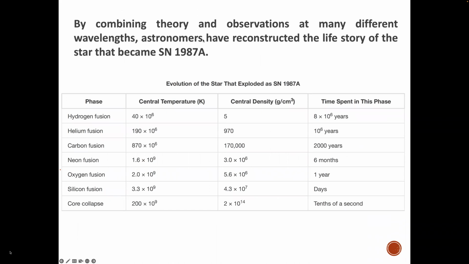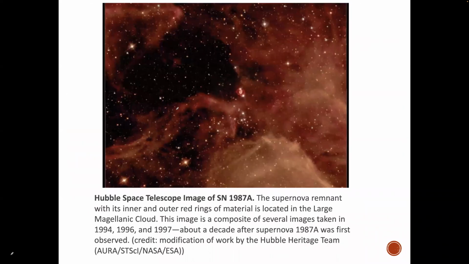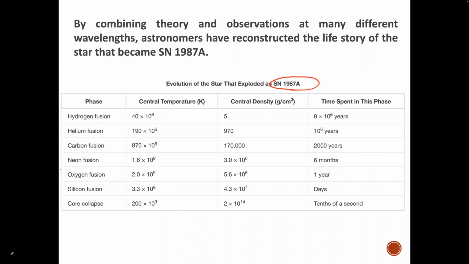We have combined several theories and observations and reconstructed the life story of this particular supernova, right? So for the star that created supernova 1987A, astronomers have created the life cycle.